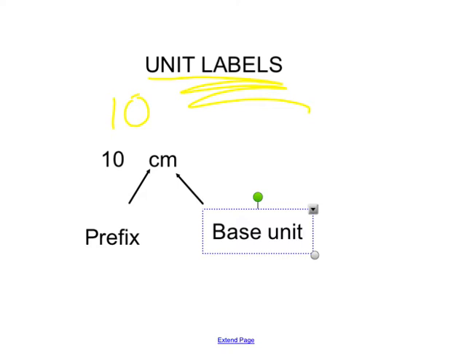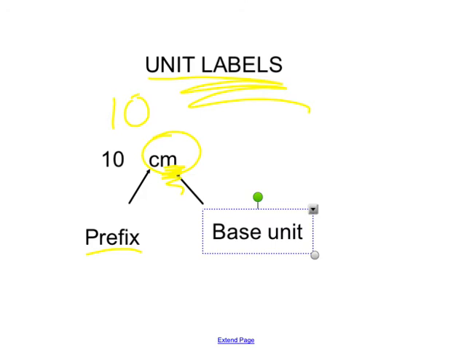But 10 what? So here, this right here is our good old unit label. It's made up of 2 letters. This is an example of one: centimeters. The first letter is going to represent the prefix, and the second letter right here is going to represent the base. Are we talking about meters? Are we talking about grams? Are we talking about liters?